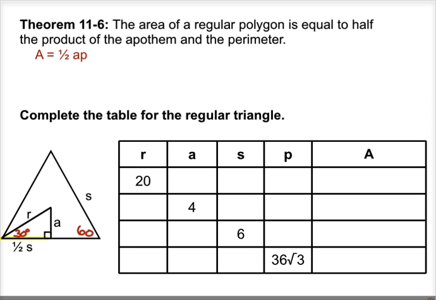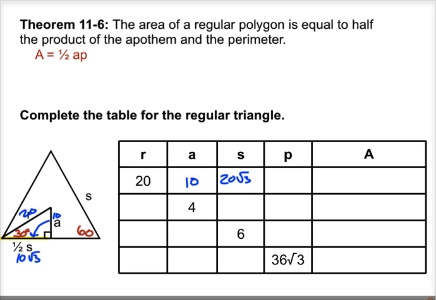So if I go to fill out this chart, if the radius was 20, the apothem then is half of that, it's 10, so filling that in the chart. Well, if that's 10, then this half of a side would be 10 square roots of 3, which means an entire side would be double that, which would be 20 square roots of 3.